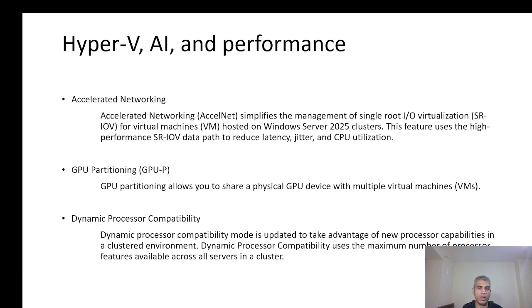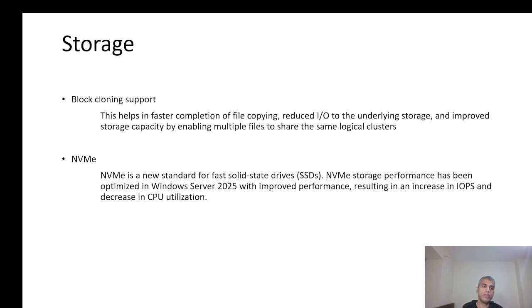GPU partitioning allows you to share a physical GPU device with multiple virtual machines. Next would be dynamic processor compatibility. Dynamic processor compatibility mode is updated to take advantage of new processor capabilities in a clustered environment. It uses the maximum number of processors available across all servers in a cluster.